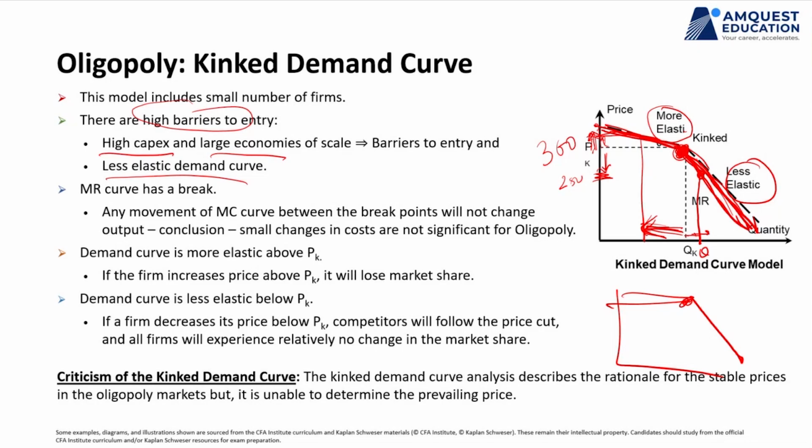These are very important concepts to understand, that at the kink, the demand curve is more elastic above and less below, and that is where the kink curve is more useful.